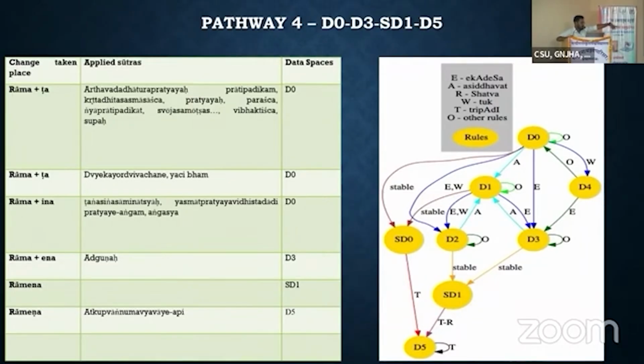When adgunaha, this ekadesha vidhayaka sutra, is applied, the input will go to D3, and thereafter to SD1, that is the stable state, and from that it will go through Tripadi, where we have the sutra Atkup Vangnum Vyavayepi, and Natva will take place, and we'll get the Rupa Ramena.